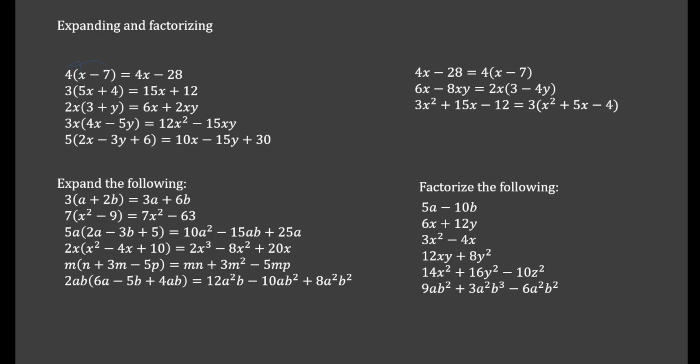All right, so let's wrap these up. Of course, the first few were pretty simple. The common factor here would be 5, so this would be 5a minus 2b.